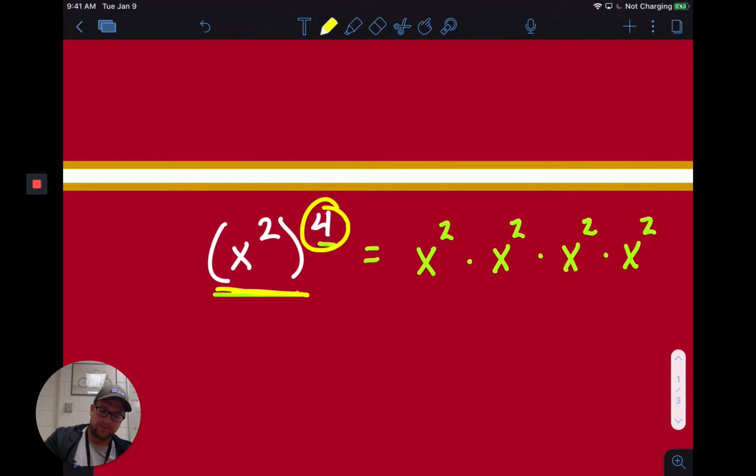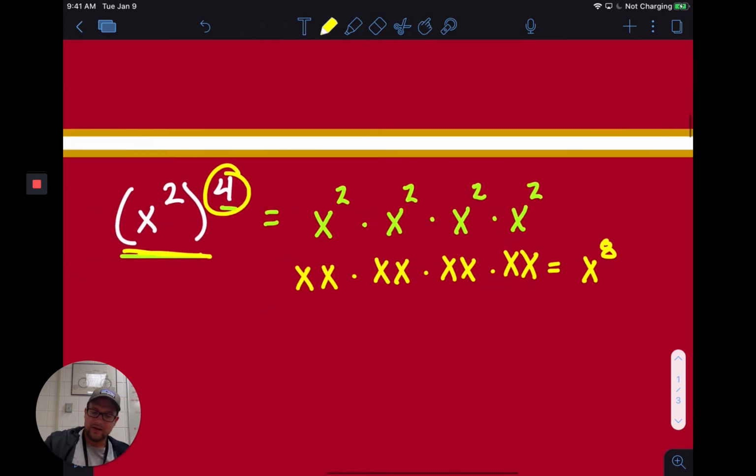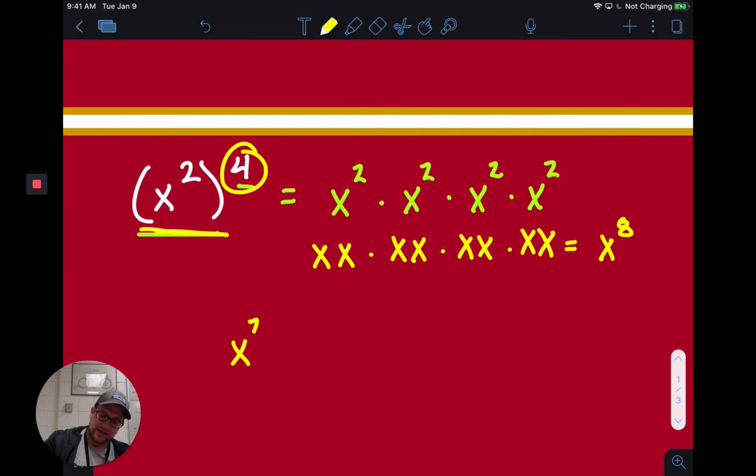Now, we can simplify this even more. X to the second is just an x times an x, times an x times an x, times an x times an x. So I really have, it looks like 8 x's that are being multiplied together, so we know that that's going to give us x to the 8th. So let's think about this for a second. If I had x to the second and I raised it to the 4th power, how did I get to x to the 8th?